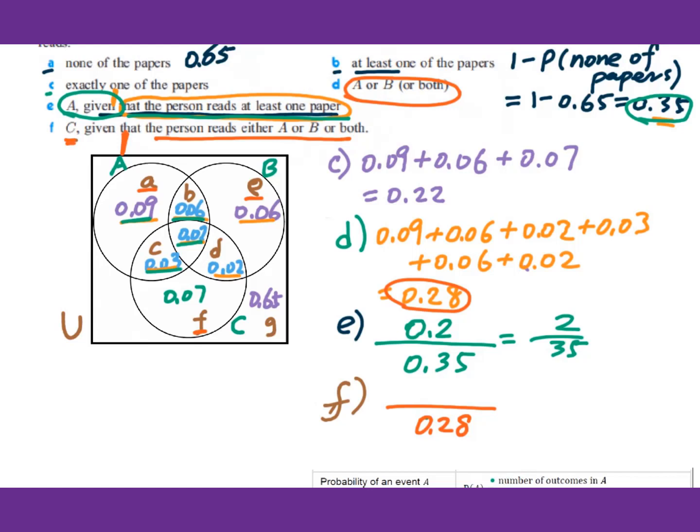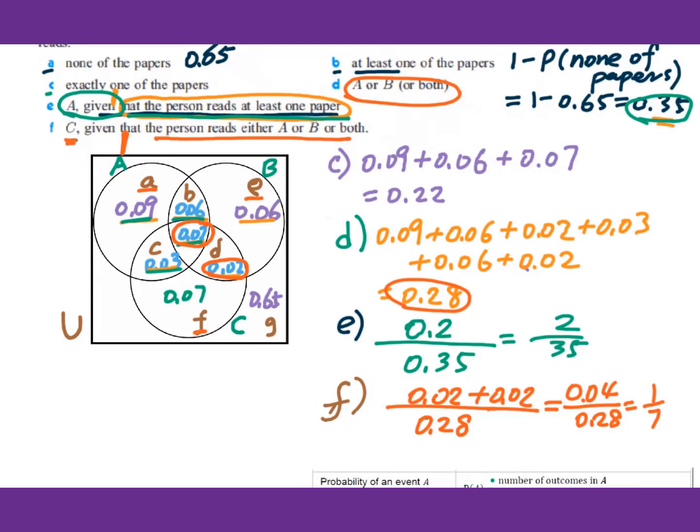It will be these two: 0.02 plus 0.02. Therefore, you will get 0.04 over 0.28. That will be 1 over 7.